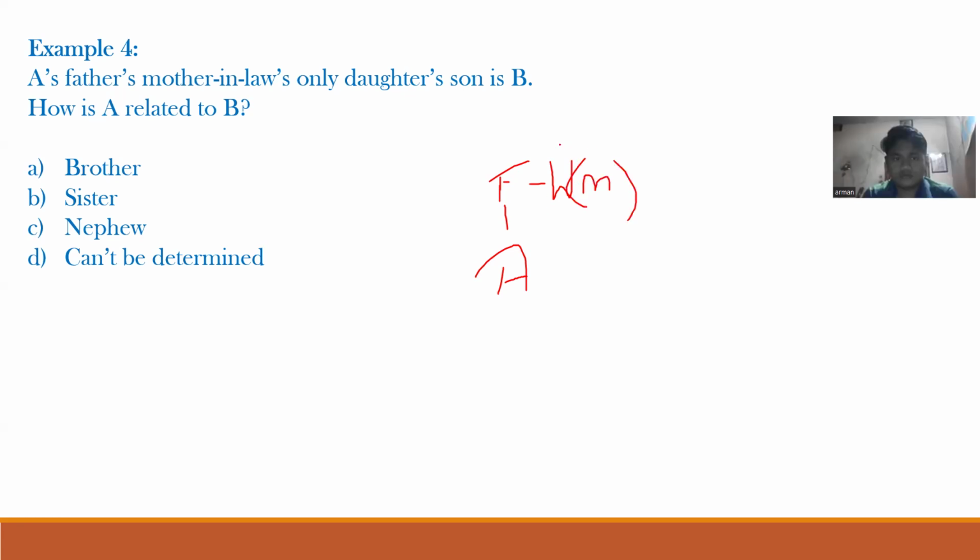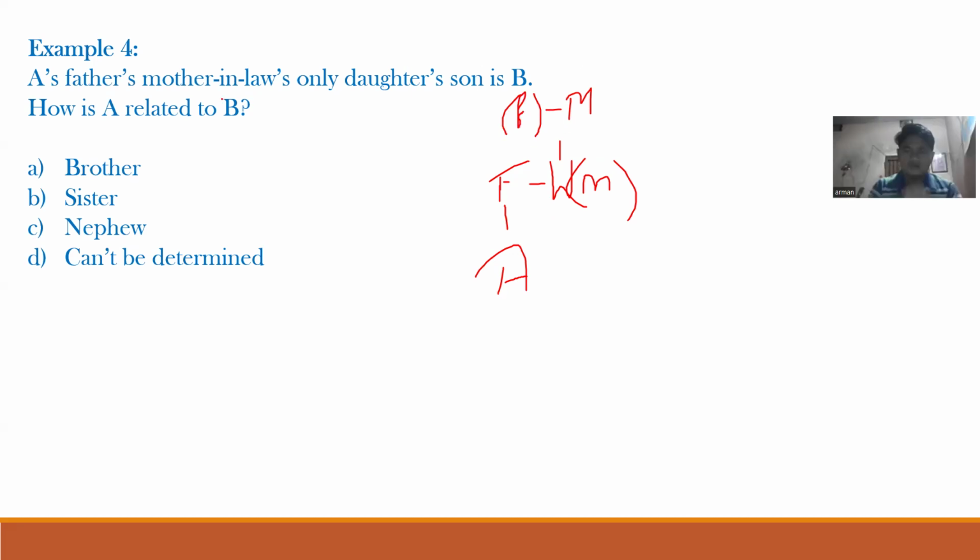So mother and wife's mother. Remember, the small m was to represent the wife who is mother of A, and capital M mother of W. So W should actually have a father here.